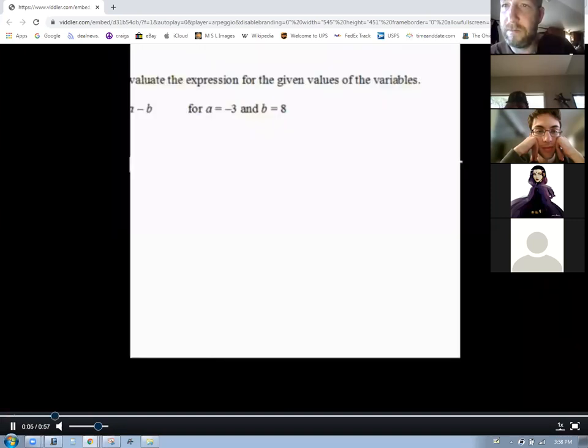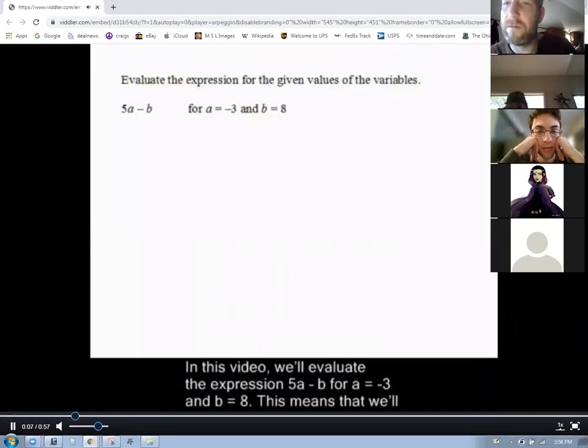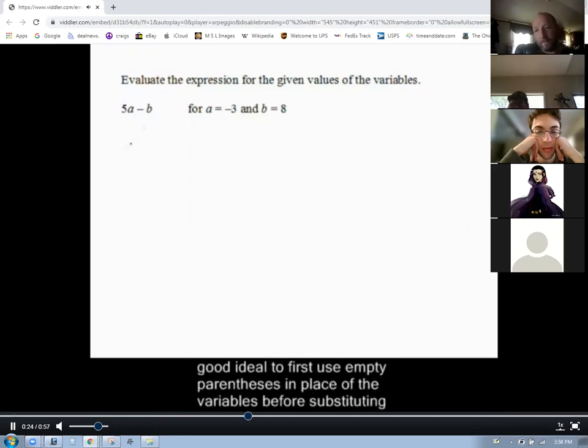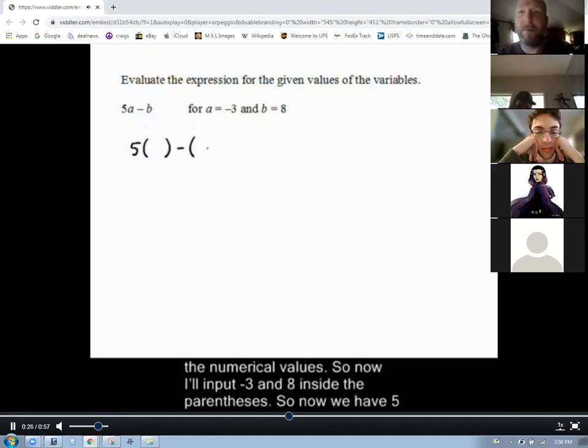In this video, we'll evaluate the expression 5a minus b for a equals -3 and b equals 8. This means we will substitute -3 for a in the expression and 8 for b in the expression. Now, it's always a good idea to first use empty parentheses in place of the variables before substituting the numerical values.